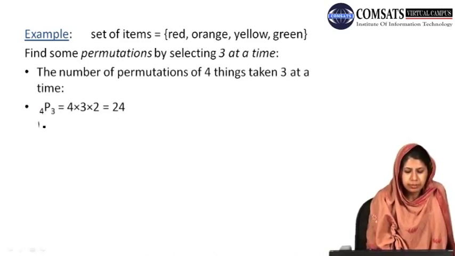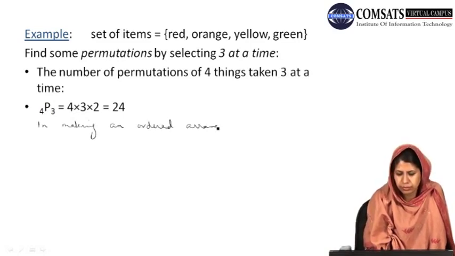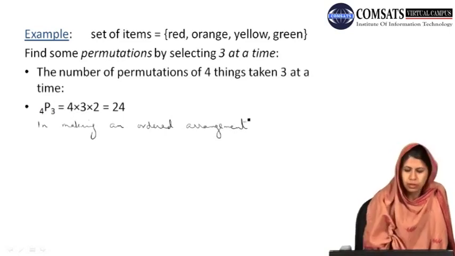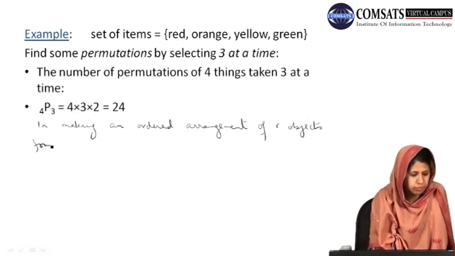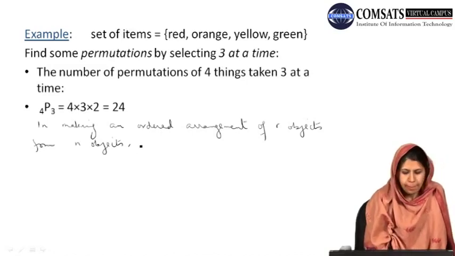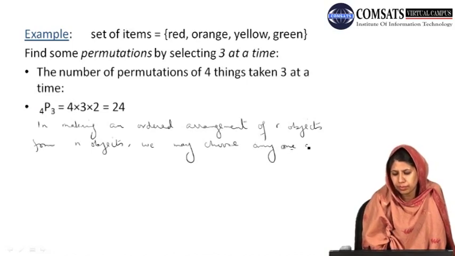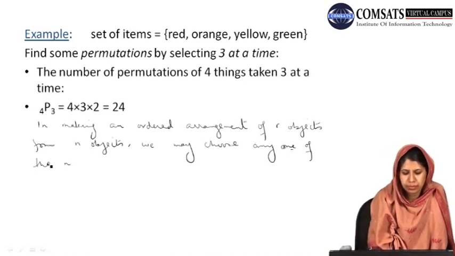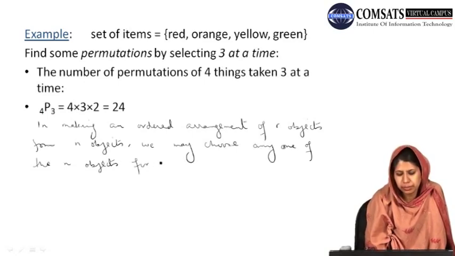What is happening is basically in finding the permutations or in making an ordered arrangement of r objects from n objects, we may choose any one of the n objects for the first possibility.